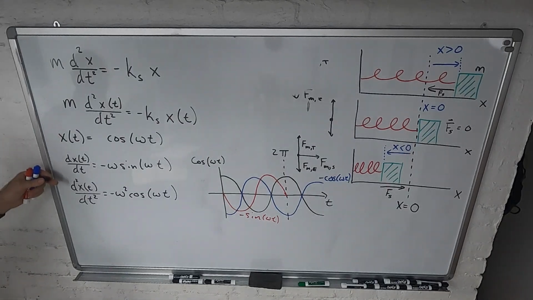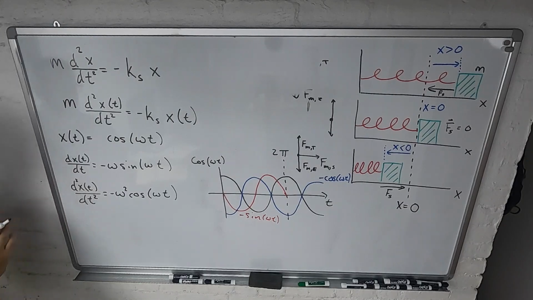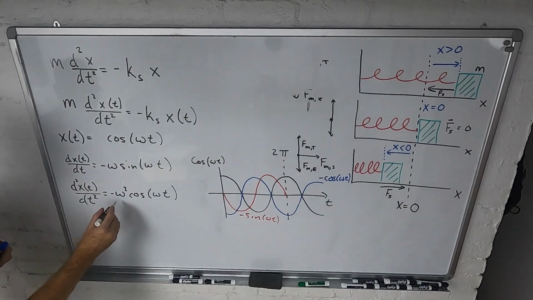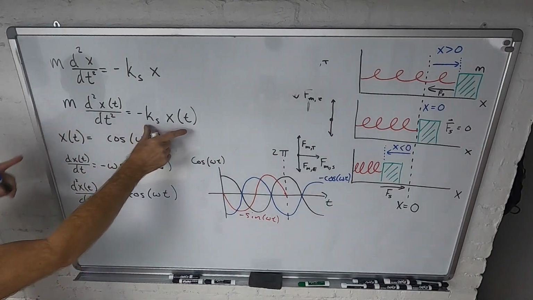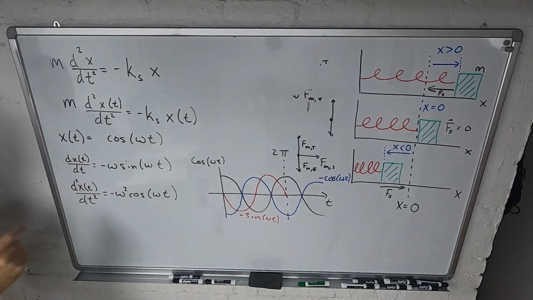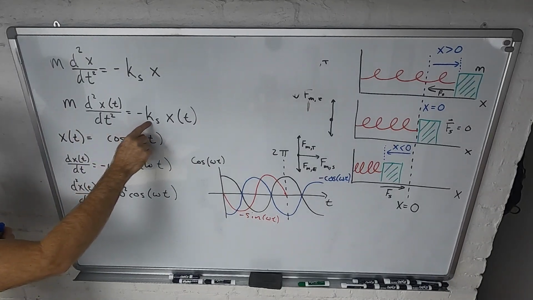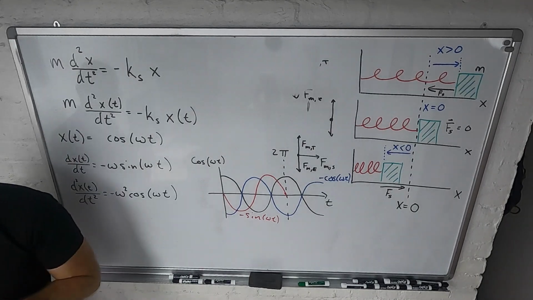So there are my derivatives: zeroth derivative, first derivative, second derivative. Now, here's this weird constant out here. If I divide by m, now I get k_s over m. And now I can write down the solution to my equation.